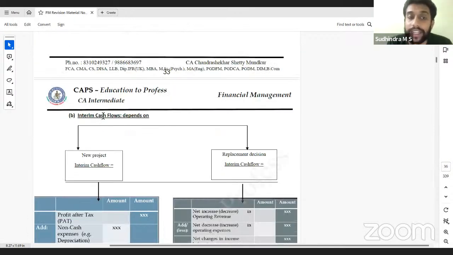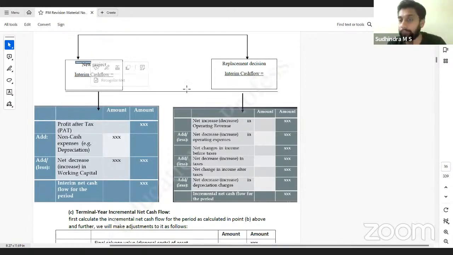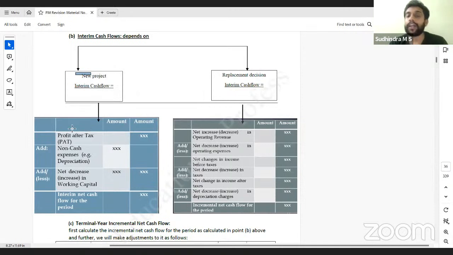Whereas during the period, interim cash flows, it depends upon whether, again, it's a new project or a replacement decision. If it is a new project, then over the life of the project, what is the cash inflow that you get? Profit, add non-cash expenditure. We had discussed this. Cash flow after tax. How do you get cash flow after tax? Profit after tax, add depreciation.